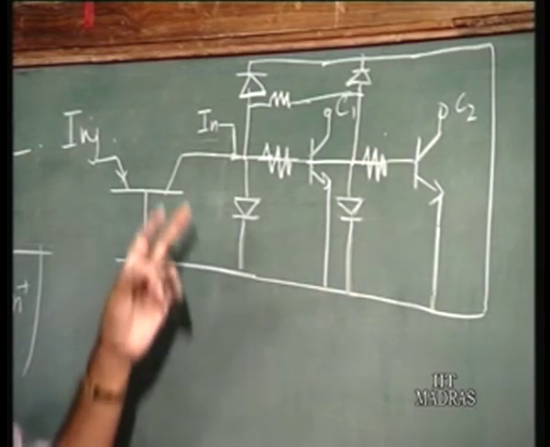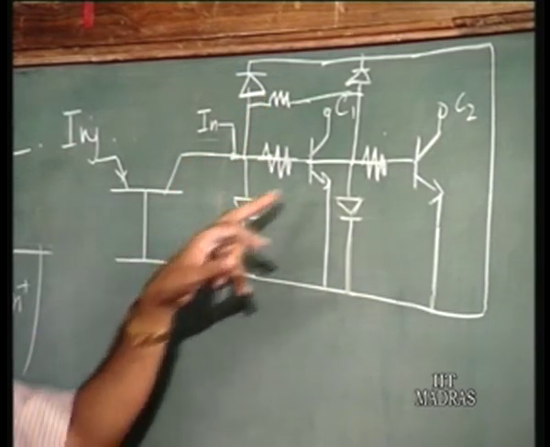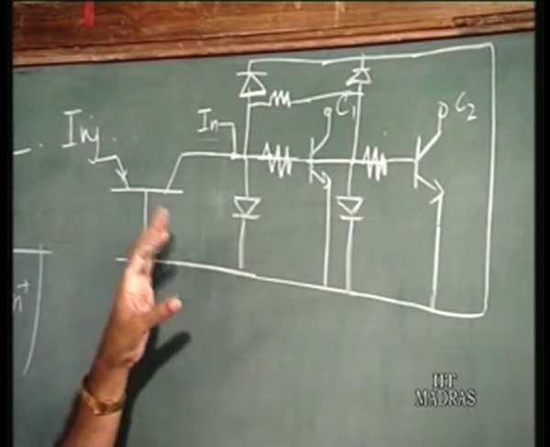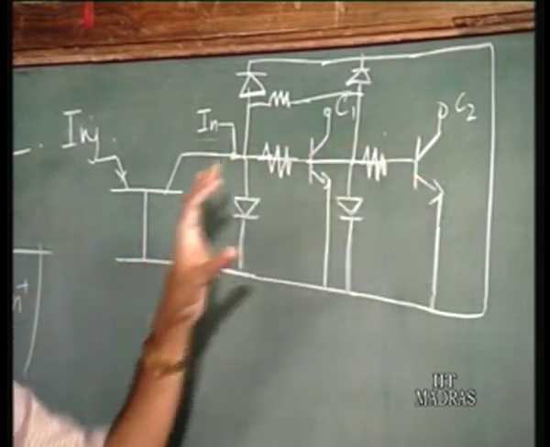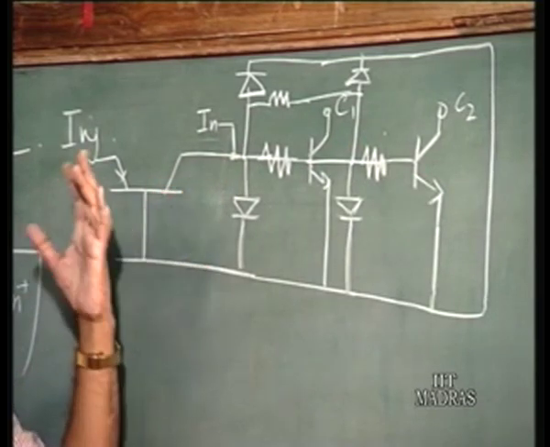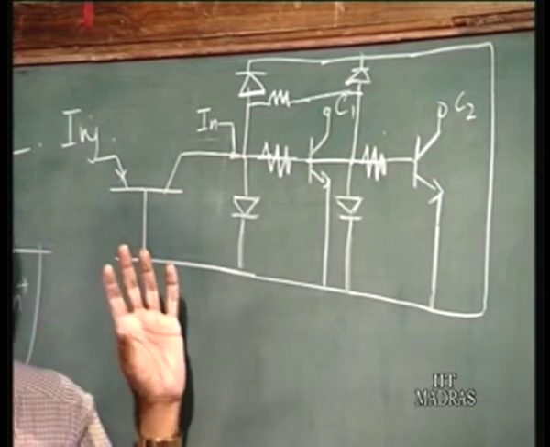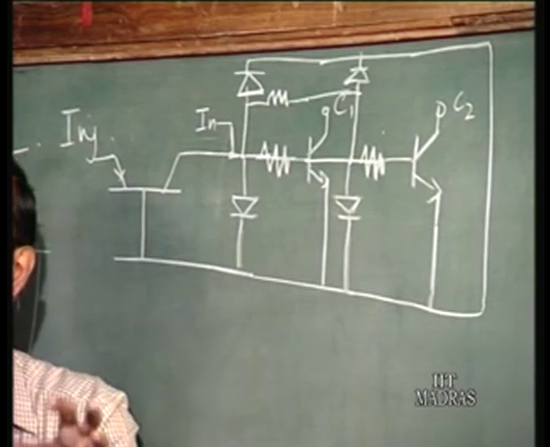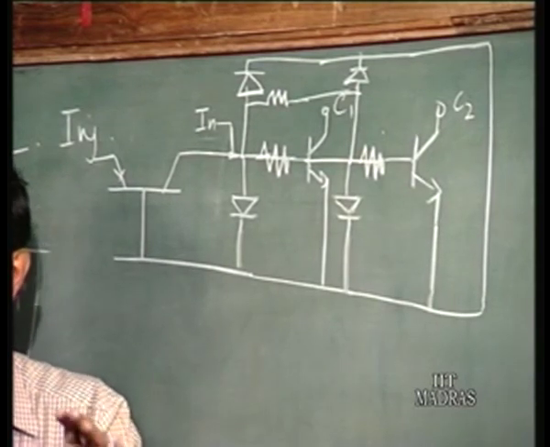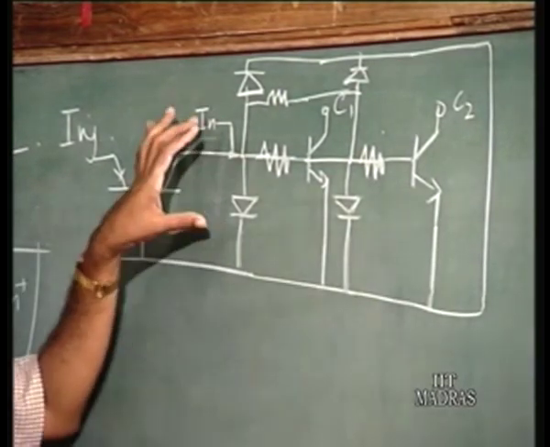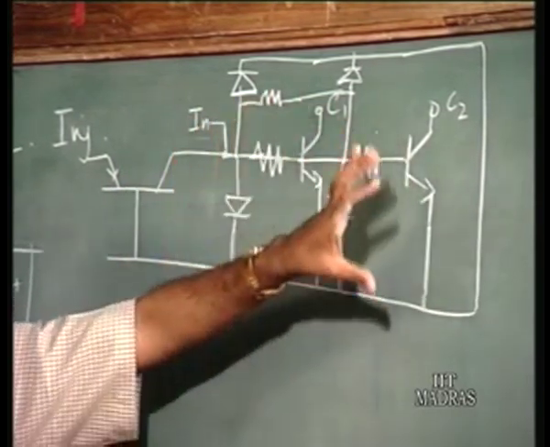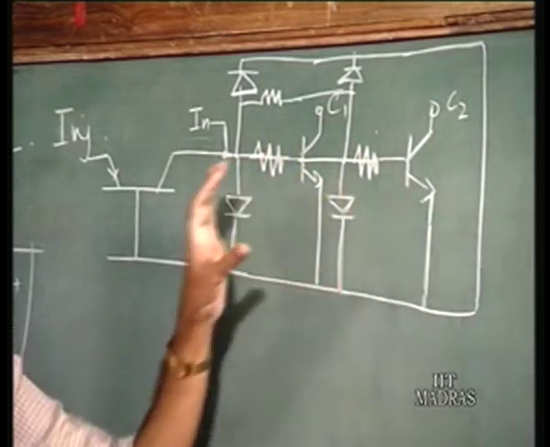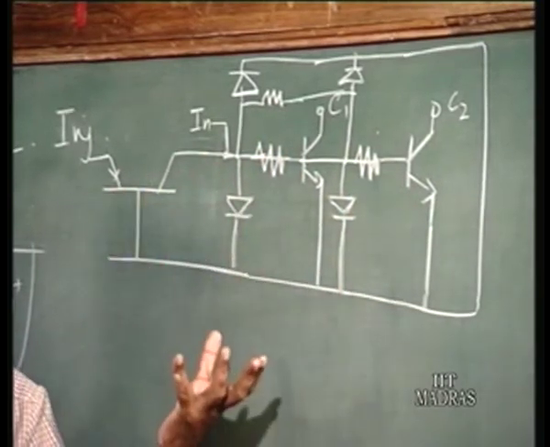Now you see that because of these lot of parasitic elements, there is going to be a lot of dissimilarity between this device and this device. Normally, even when we obtained the condition for the proper operation of the I squared L cell, what we did was we assumed that when we have a multi-collector transistor, there are so many transistors in parallel, and all the transistors are similar.